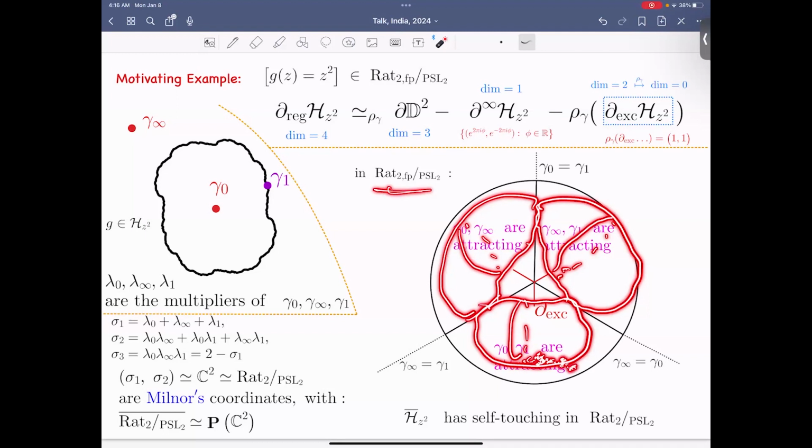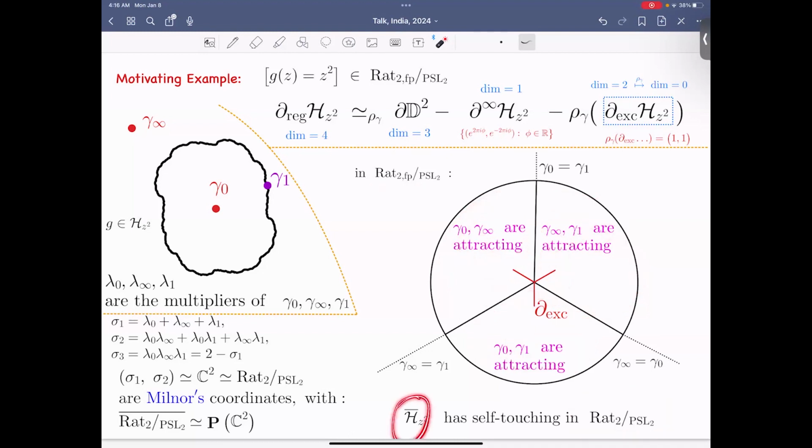And if we go down to the regular space of rational maps, then this image will not be simply connected, so it will be some hyperbolic component with self-touchings. Yeah, it's difficult to imagine in dimension 4, but at least something will happen. And that's one of the reasons why we introduce markings on the fixed points.